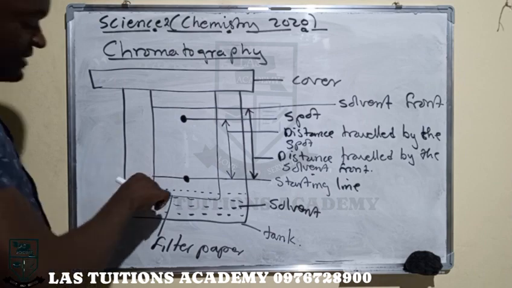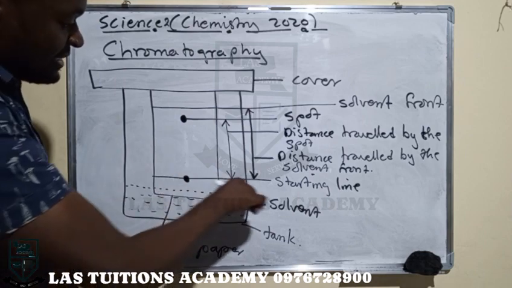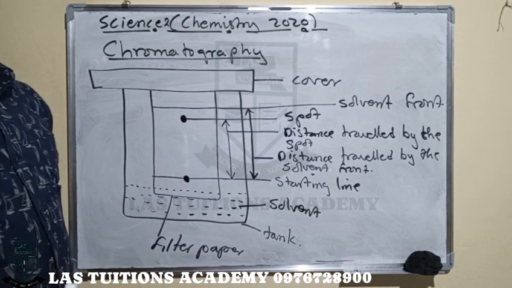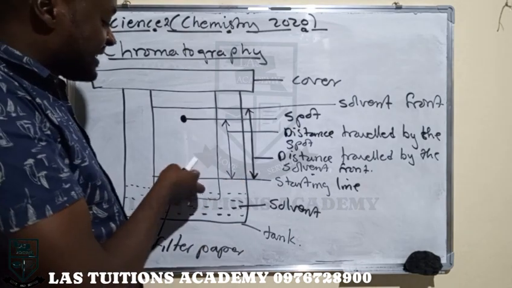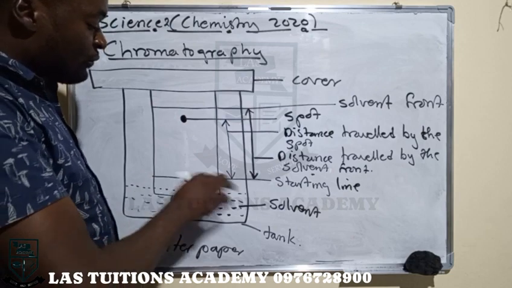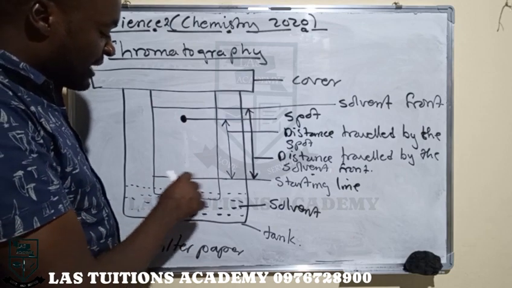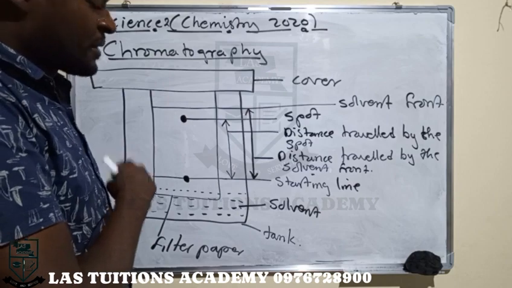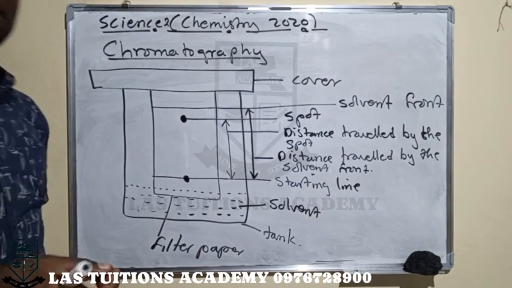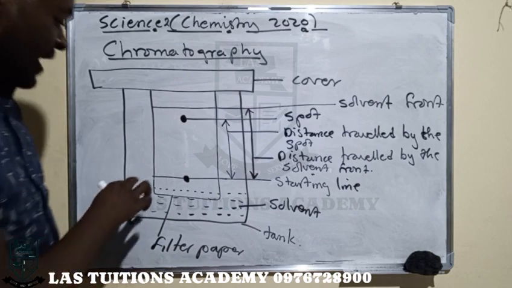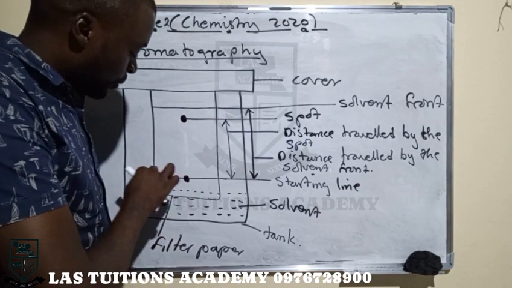So instead, this starting line, you draw it with a pencil, so that there's no confusion with the color dyes that you're going to put there. That part is even examinable. You can be asked why you use a pencil to draw the starting line.